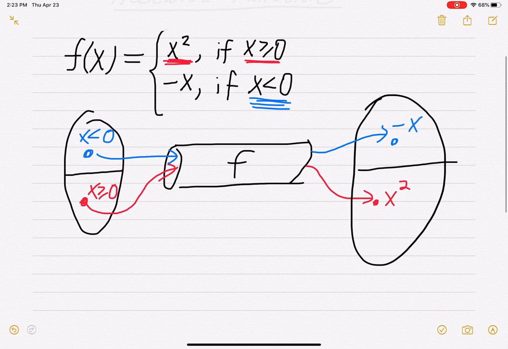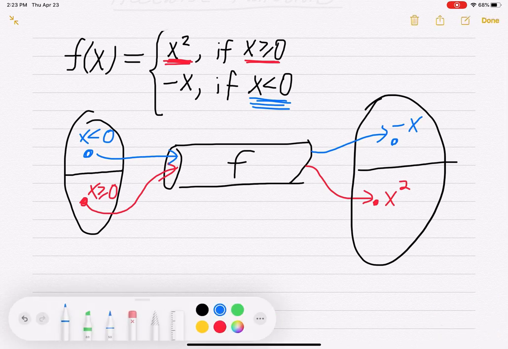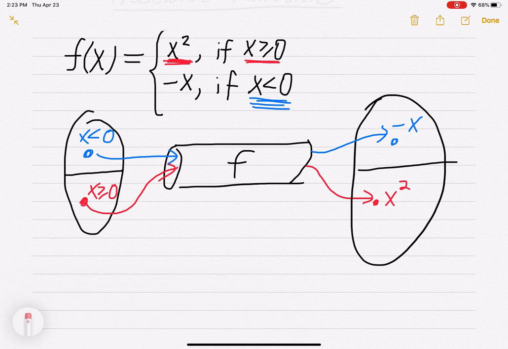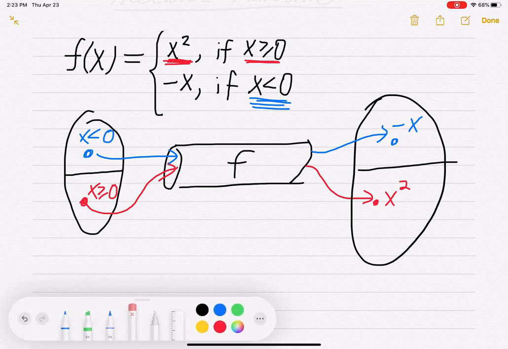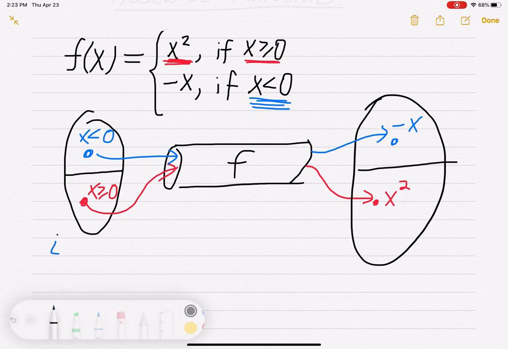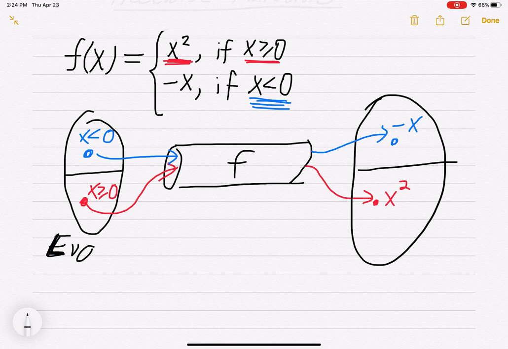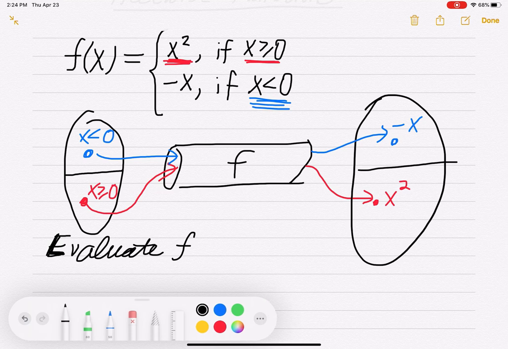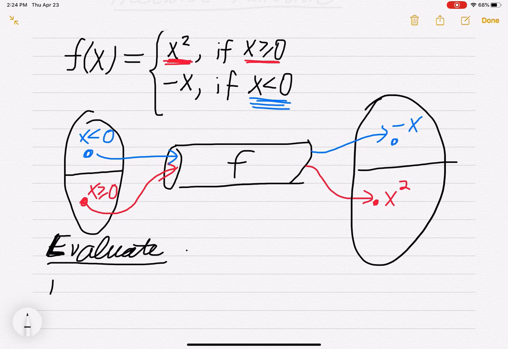Okay, so let's see, can we actually evaluate this function? Let's write it down. Evaluate the function. Number one, let's say we want to evaluate f at 2.